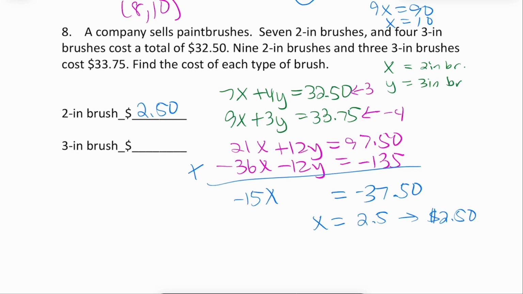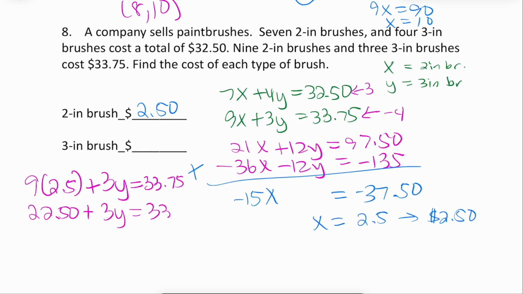So we're going to do this time, let's use the bottom equation. 9 times 2.5 plus 3y equals 33.75. So just distribute. Let's subtract 22.50 from both sides and divide by 3.